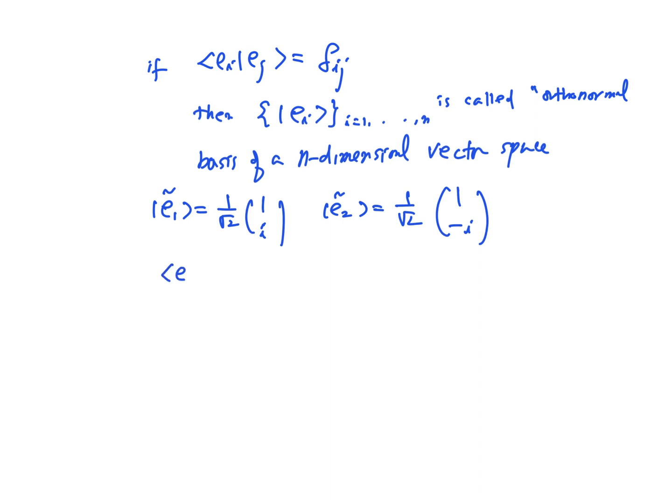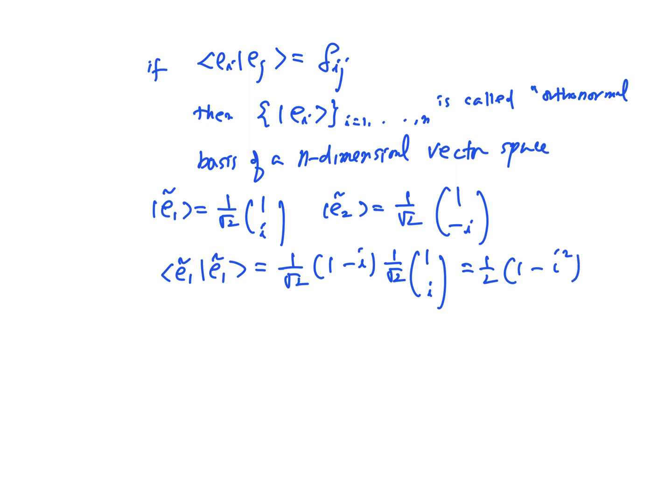Let's say E1 tilde is 1 over square root of 2 times (1, I). Then the inner product is 1/2 times (1 minus I) squared, which is equal to 1. How about E2 tilde?